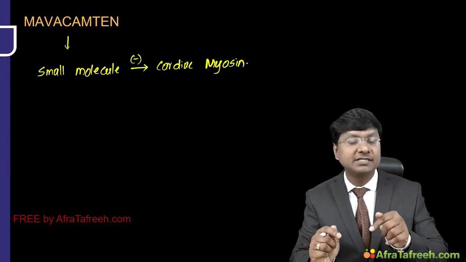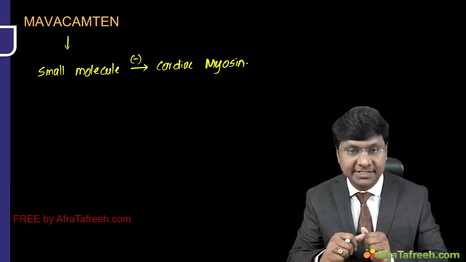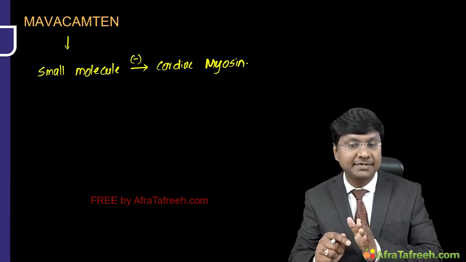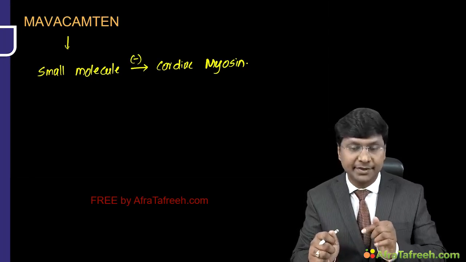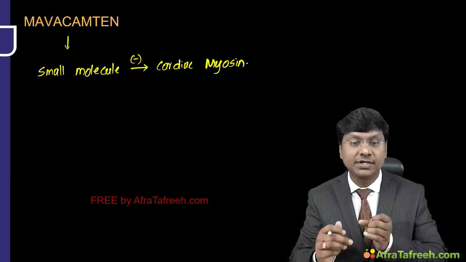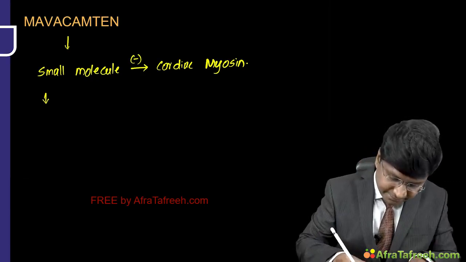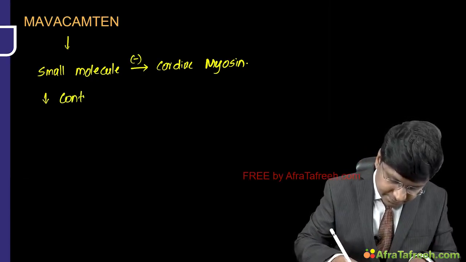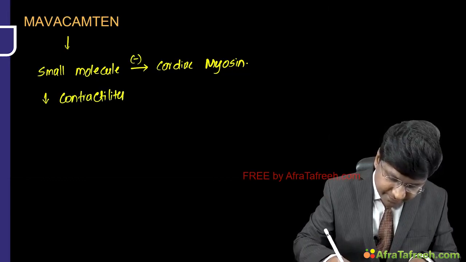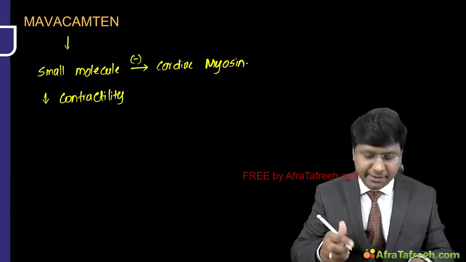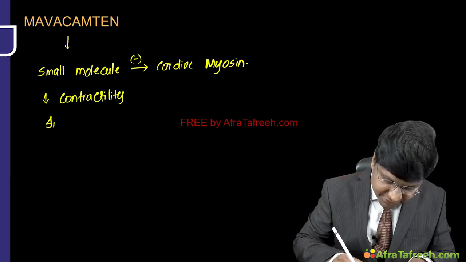So that is the mechanism of action of mavacamten. By inhibiting the cardiac myosin, it will reduce the contractility, right? It will reduce the contractility, and it will also improve the diastolic function.